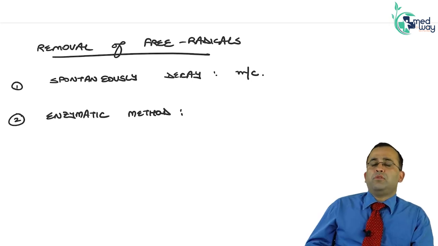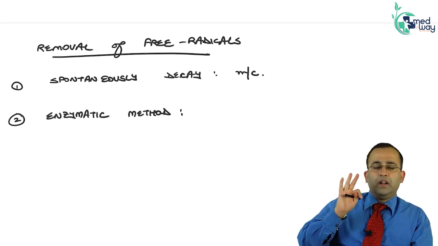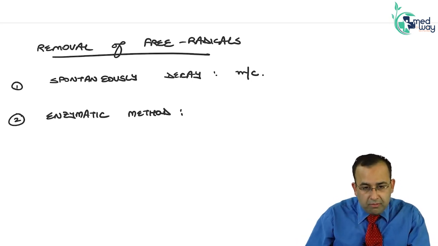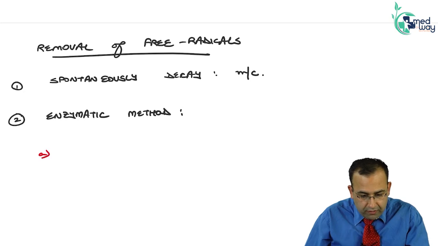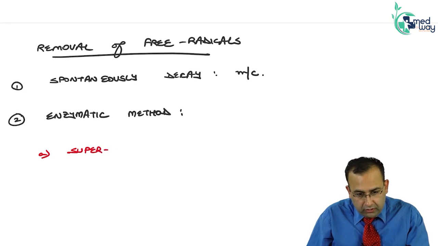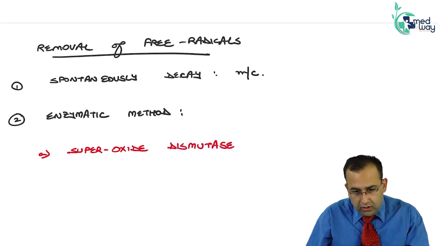कौन कौन से enzymes role play करते हैं? There are three main enzymes associated, which are superoxide dismutase, SOD, that is superoxide dismutase. तीन main enzymes हैं बच्चे. पहला है SOD, that is superoxide dismutase.